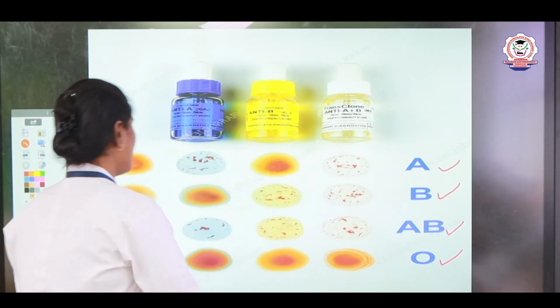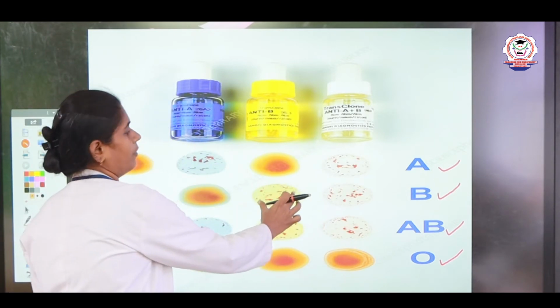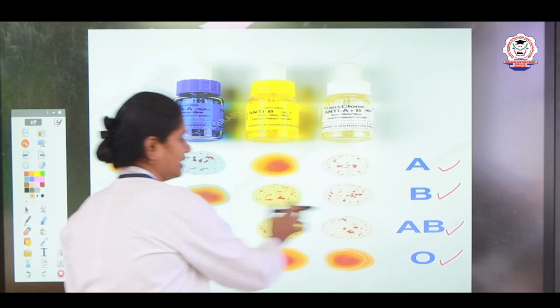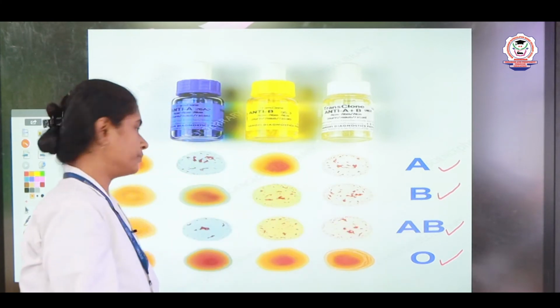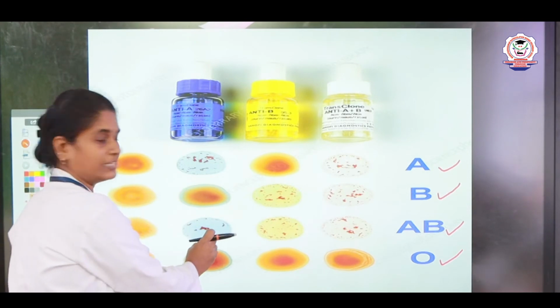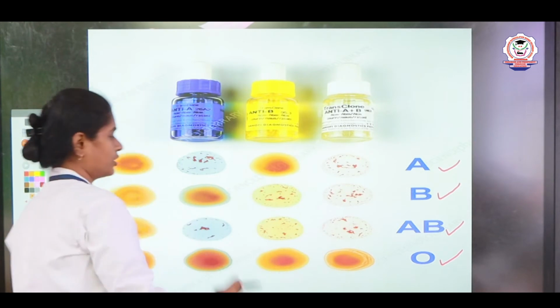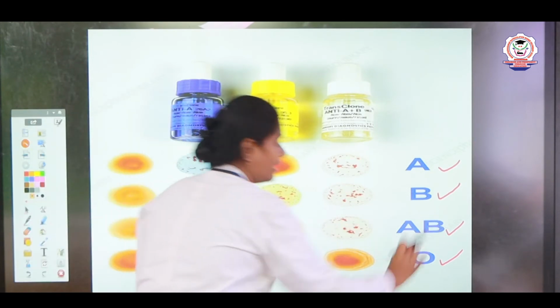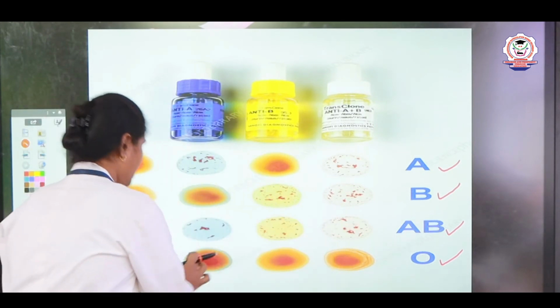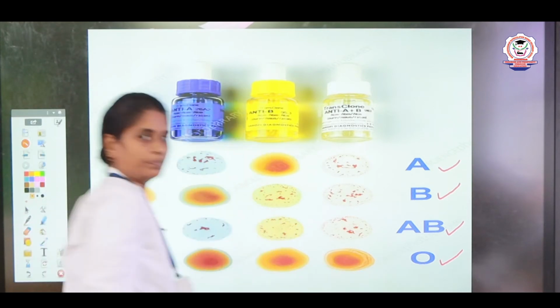The same way, here no agglutination, here there is formation, here there is formation. So we can say it is B blood group. The same way, here also the agglutination forms, here also, and here also it forms. So it means that it is AB blood group, and when no agglutination forms, we can say it is O blood group, right.